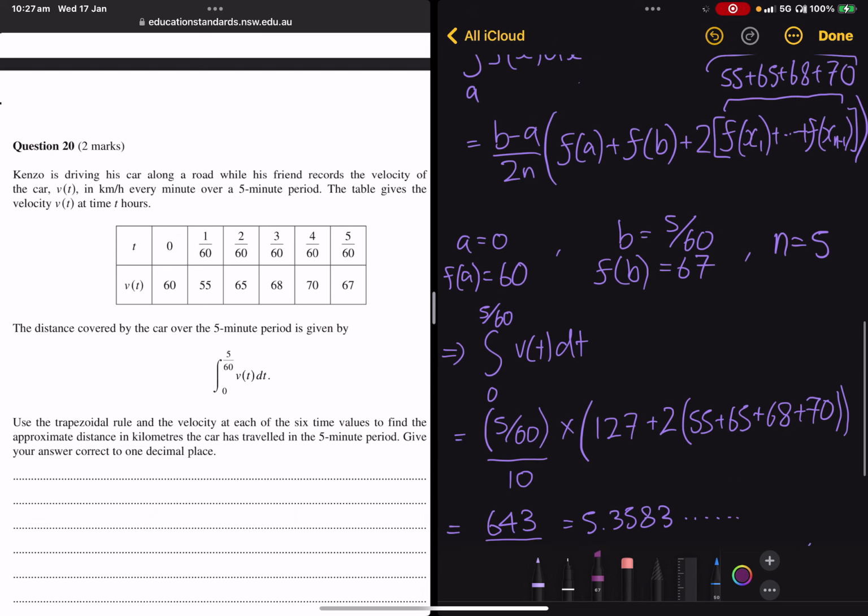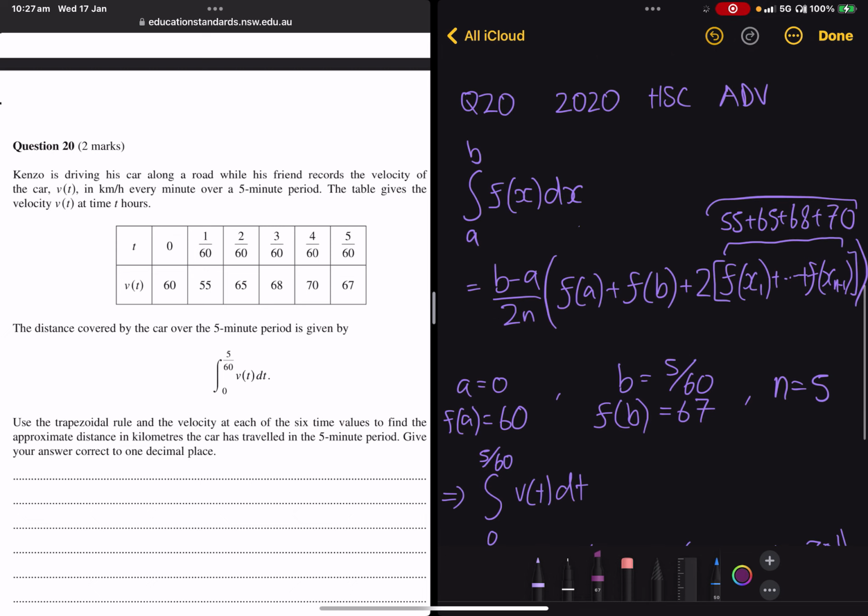This is a slightly unusual process. When you first see the question, you see the integral and you think you're going to be doing integration. You're not actually doing any integration in this question. This is a numerical method. You are just finding values from the table or from the question, plugging them into your trapezoidal rule formula on the HSC formula sheet, and then solving.